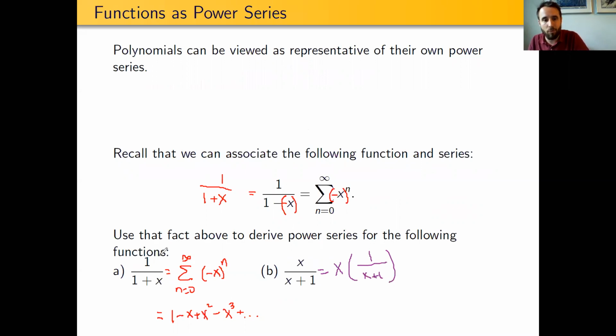So because 1 over x plus 1 is really equal to this, x times 1 over x plus 1 should be equal to x times that. And so we get this new power series: x minus x squared plus x cubed minus x to the fourth, and so on.